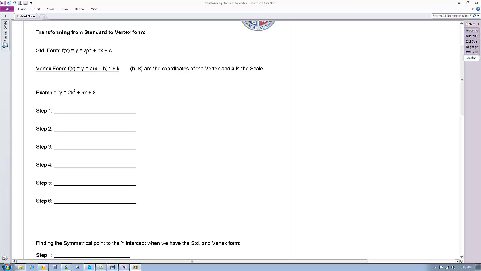Just as a reminder, these two values are the same, both are the scale of the parabola described by both equations.